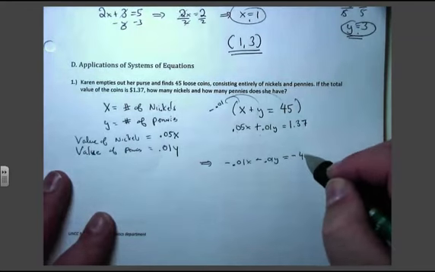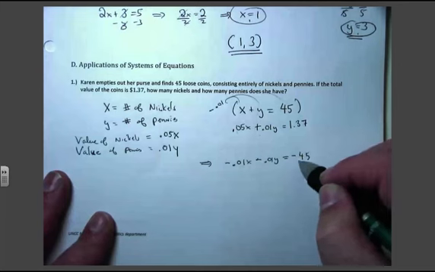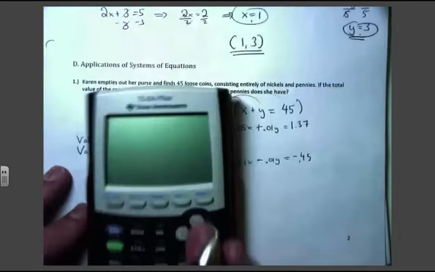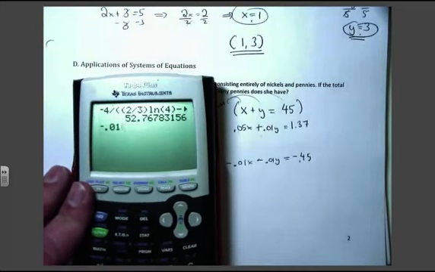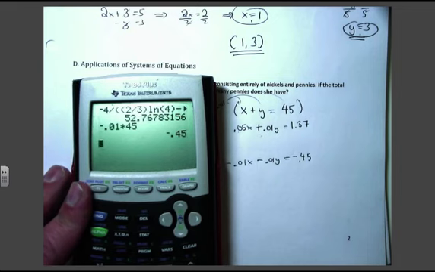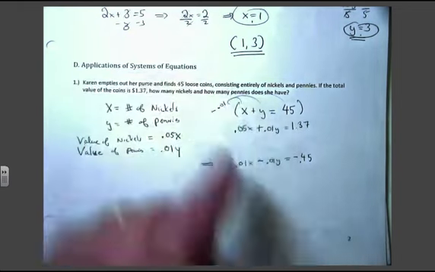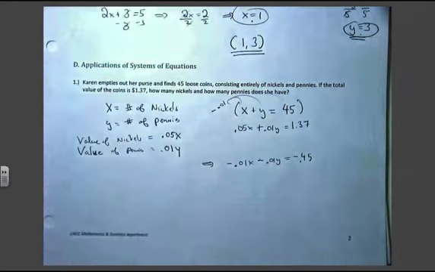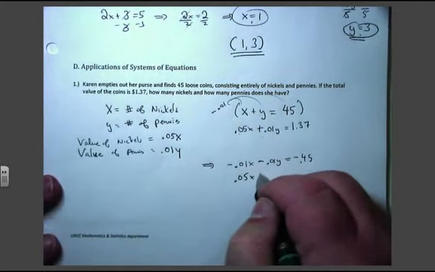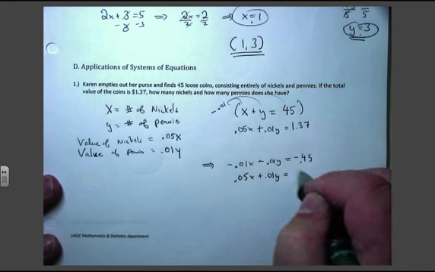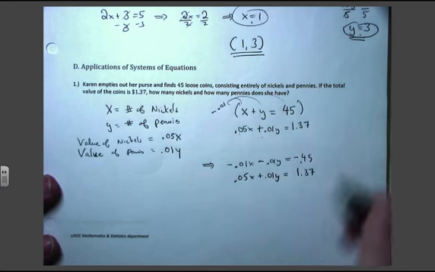Okay, we'll use a calculator. Negative 0.01 times 45. What do you get? Yeah, negative 0.45. It just moves the decimal over. All right, a negative times a positive is a negative. The bottom equation is the same. 0.05x plus 0.01y equals 1.37.